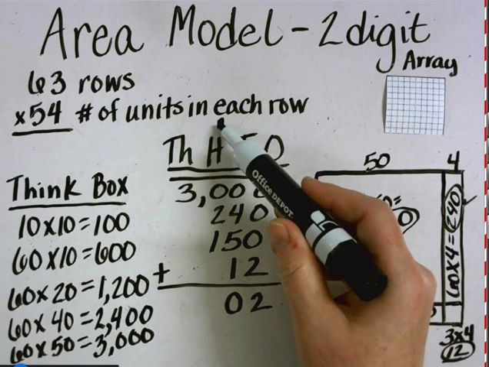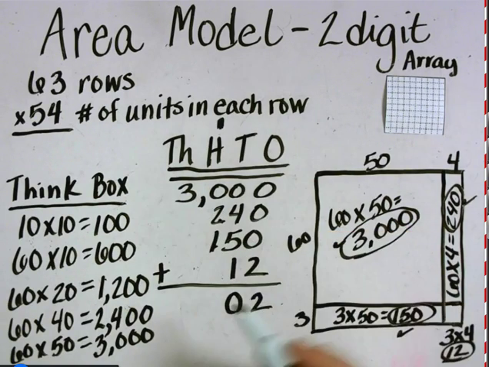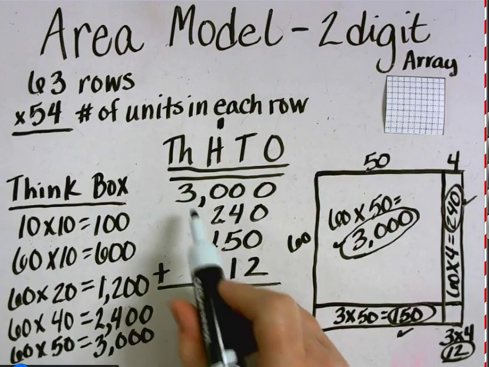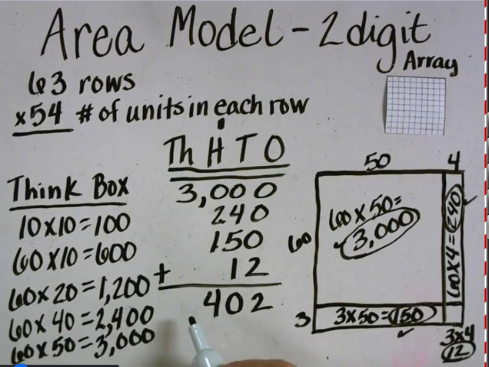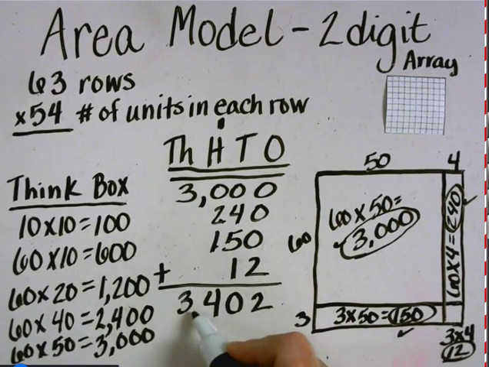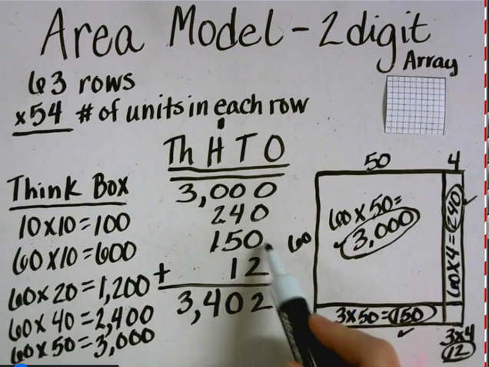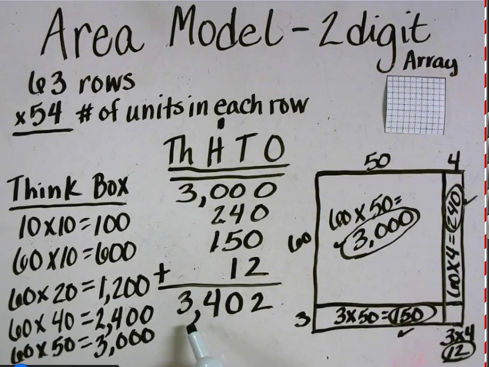So now I have one group of 100, 2 groups of 100, and one group of 100, which would make 400. And my final place value is the thousands. I have 3,402. Once I put back together each one of the products from the array model, I have a product of 3,402.